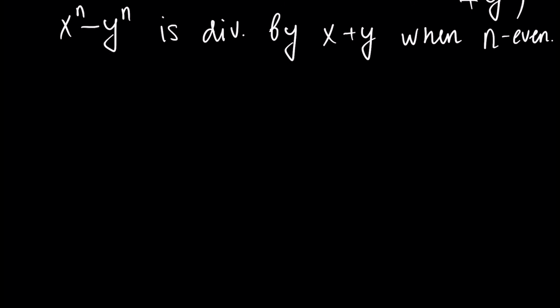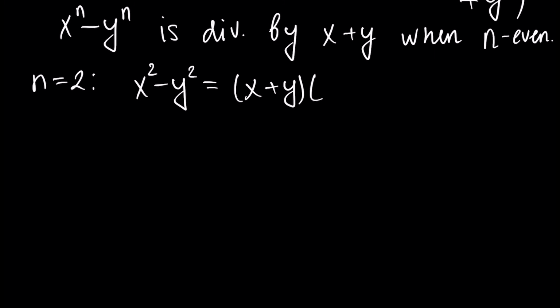The first even number is n equal to 2. So we have x to the power 2 minus y to the power 2. It can be represented as x plus y times x minus y. So this is divisible by x plus y. Next even number is n equal to 4.